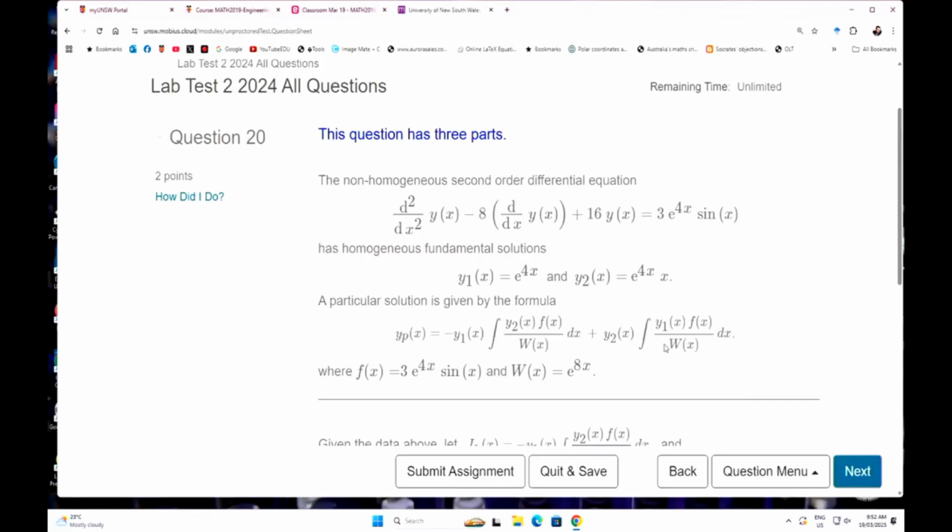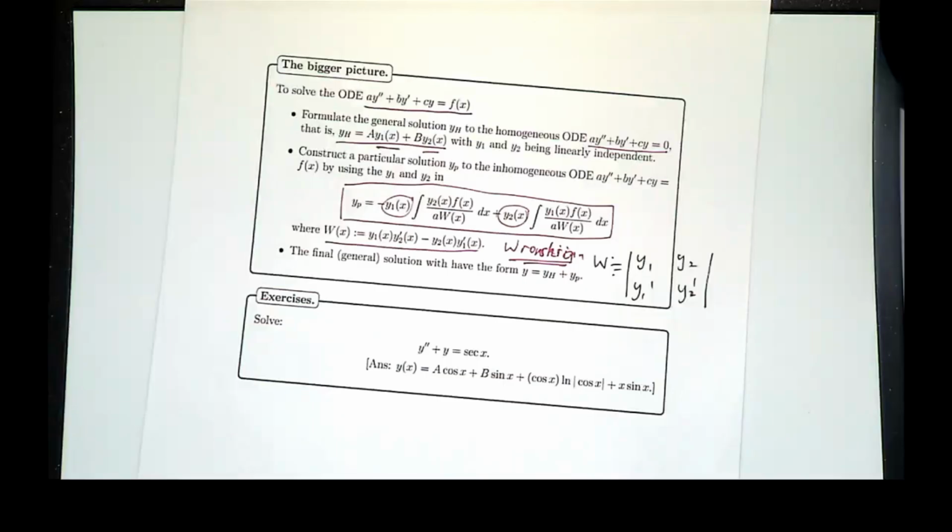Now, in this setup, obviously the Wronskian, I spelled that Wronskian, yep. You can see the Wronskian is actually a determinant. Okay, so if the Wronskian's 0, what's happening here?